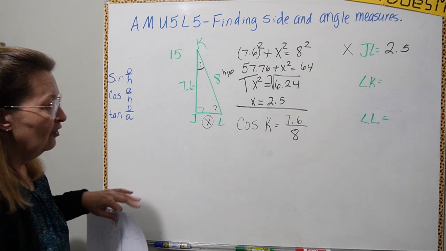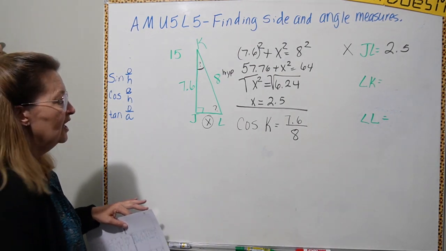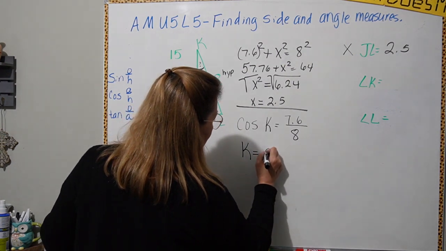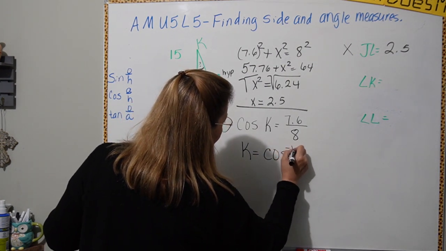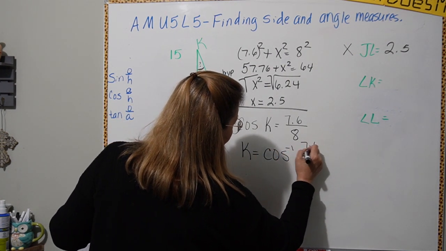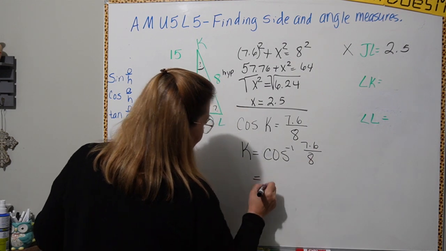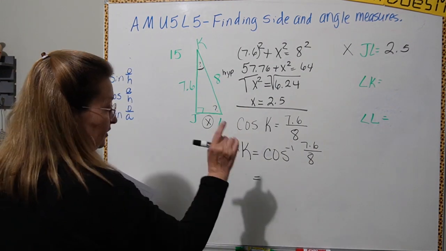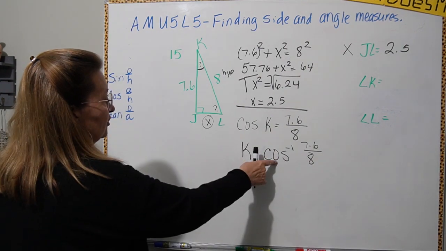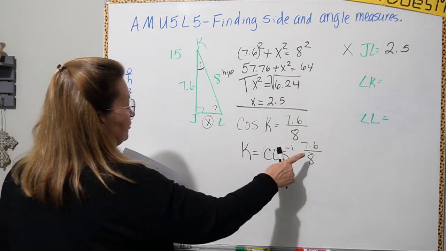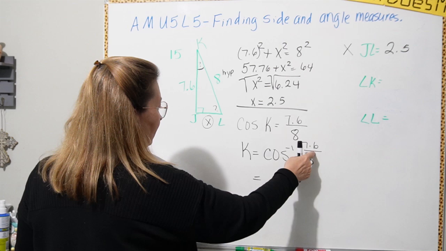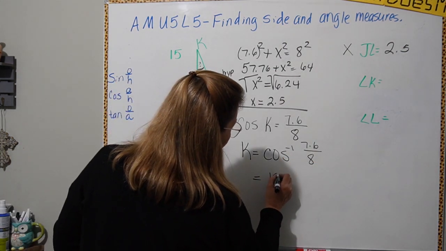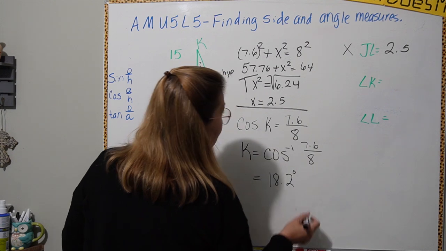All right. Now, do you remember your inverse functions? So what we can do here is say K is equal to inverse cosine of 7.6 over 8. So if you take your calculator and hit the cosine button twice to get your inverse cosine, and then 7.6, fraction button 8, and then you hit enter, that's going to tell you 18.2 degrees.